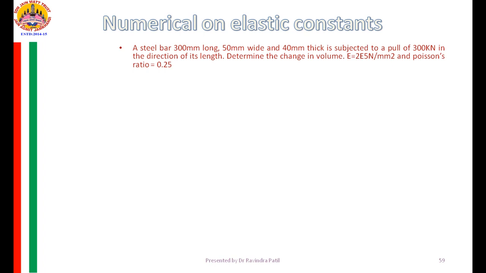Determine the change in volume. He has given the Young's modulus and the Poisson's ratio, and all three dimensions of the block. From the dimensions you can get the volume of the block. Now he is asking the change in volume.